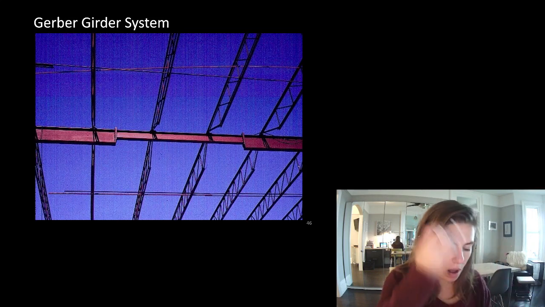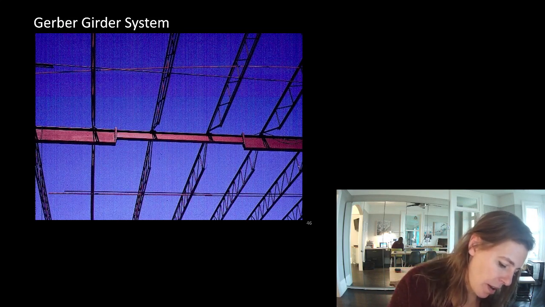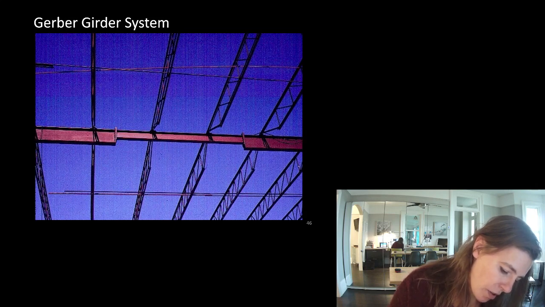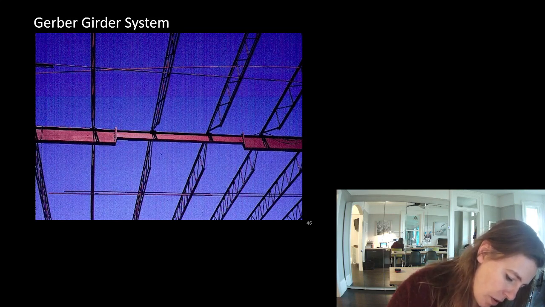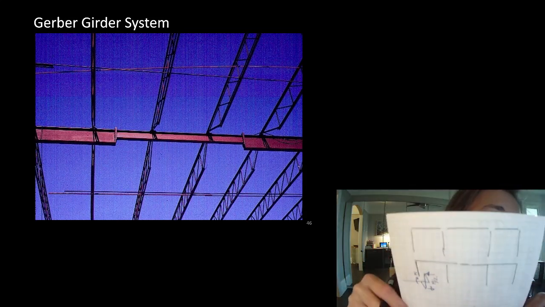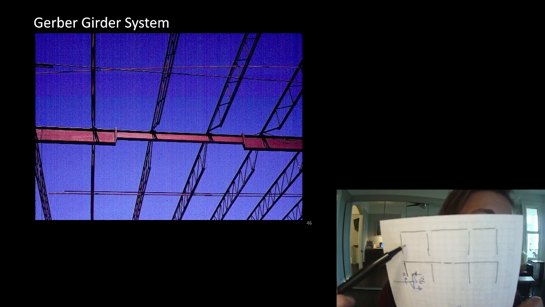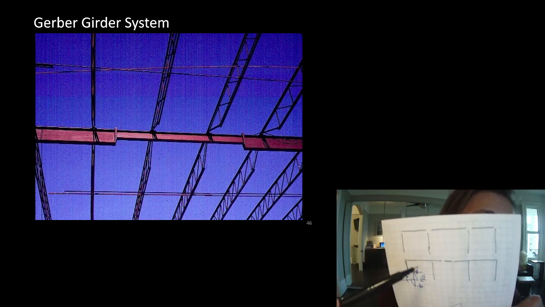Okay, let me draw a full Gerber girder system here. I'll draw it not as a Gerber girder, and then I'll draw it as a Gerber girder. Okay, so the top one is 3 bays with 3 beams.